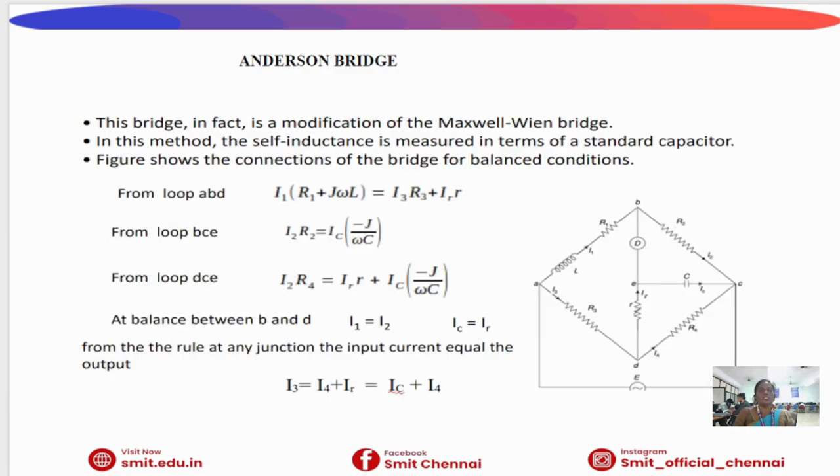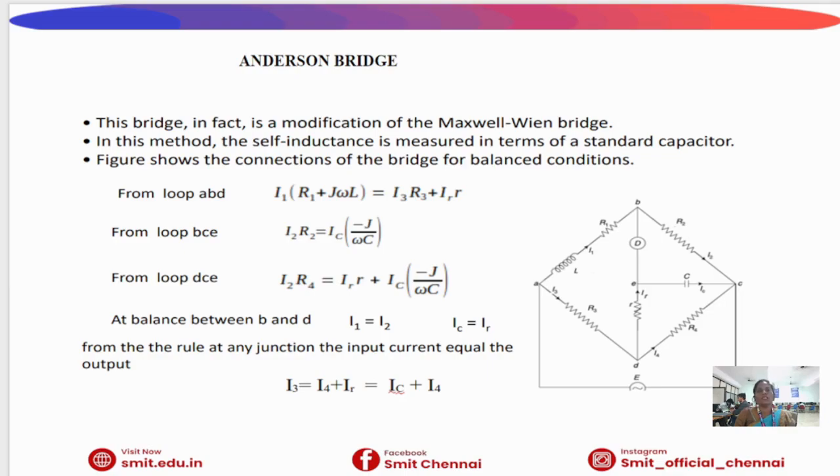Now let us discuss the Anderson bridge. The Anderson bridge is actually a modified form of the Maxwell bridge. It is mainly used to measure the self-inductance of a coil accurately using a standard capacitor. In this bridge, the unknown inductance L along with resistance R1 is placed in one arm.